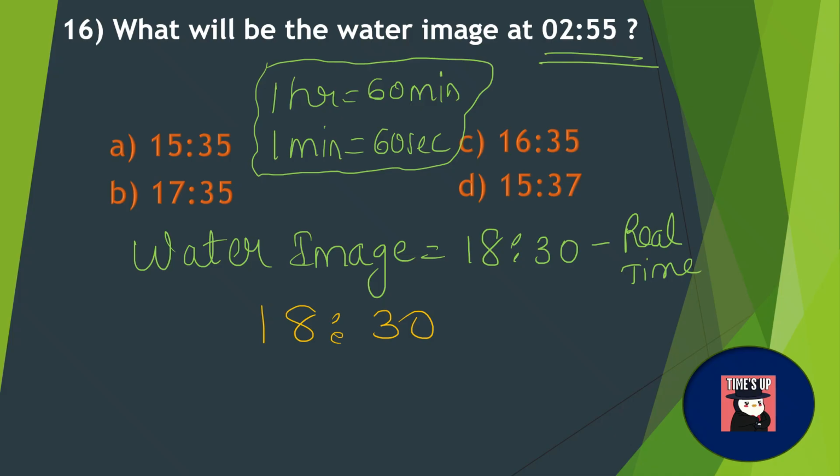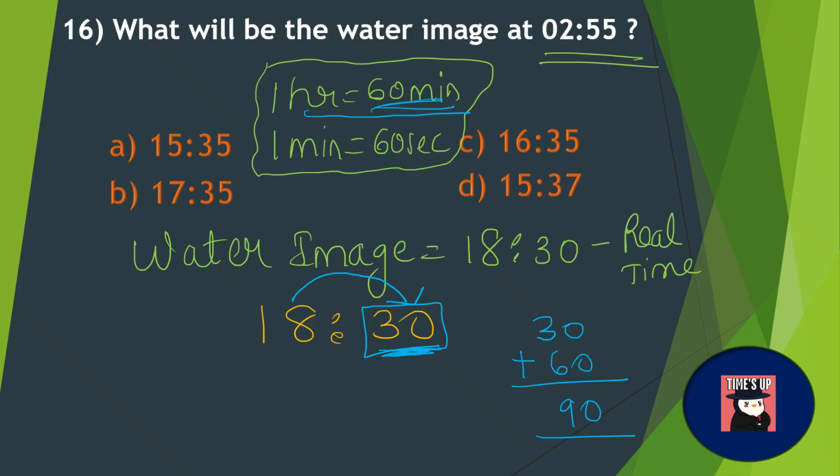So the minute will borrow from the hour. 1 hour is equal to 60 minutes, so it will borrow 1 hour to the minute side. Already 30 minutes is there, but 1 hour is equal to 60 minutes, you know that, so plus 60 you need to add. It will give you 90, and 1 hour you are borrowing from the hour to minute.